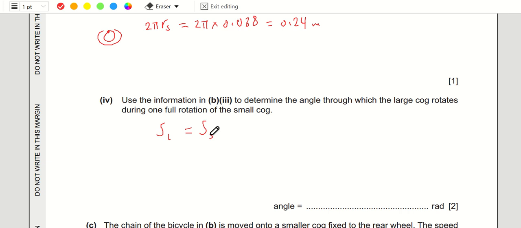A point on the small cog will move an arc equal in length to a point on the large cog because both cogs are connected by the chain. And by the way, it is also equal to the distance moved by some point, say X, on the chain.